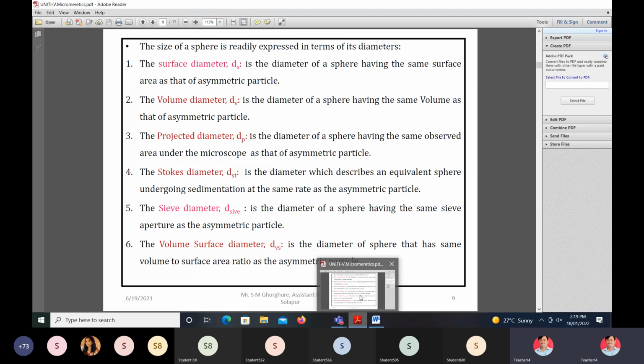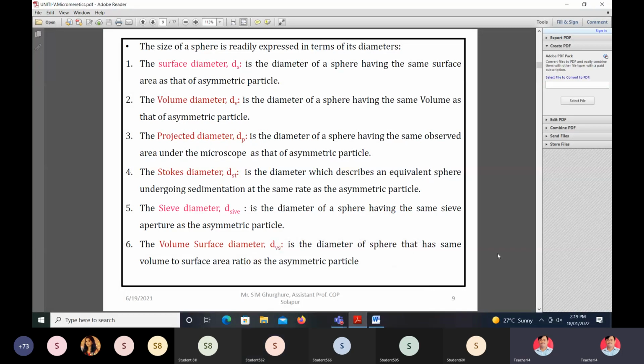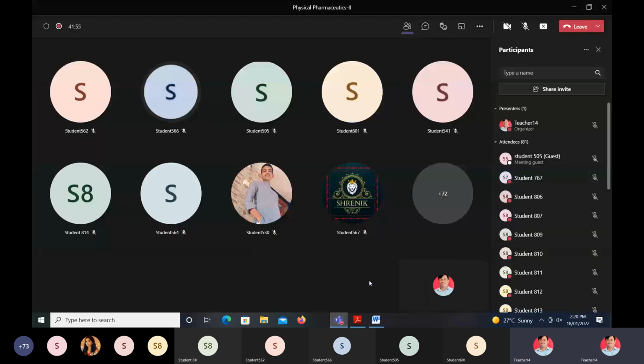Now tell me, what are the fundamental properties of powders? Size, shape, particle size, volume, surface area, particle number. Very good. And what about the derived properties?